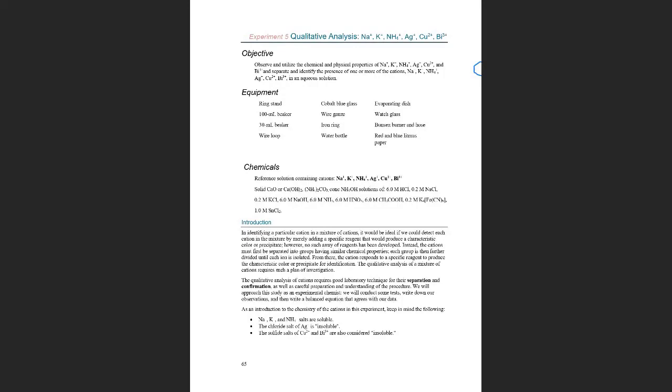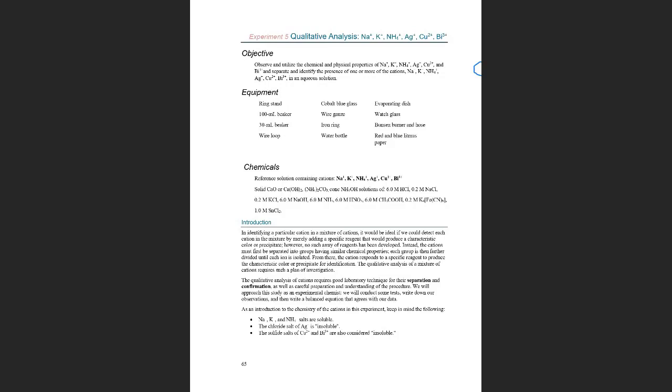How are we going to separate and identify those 6 ions? It would be nice if we had a chemical reaction for each ion. But we don't have one individual chemical reaction that can identify each individual ion.